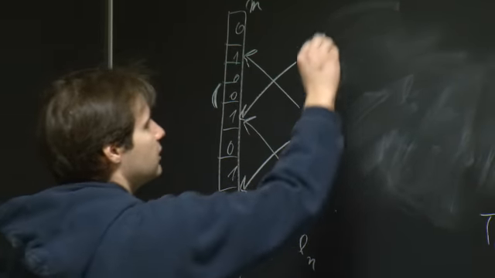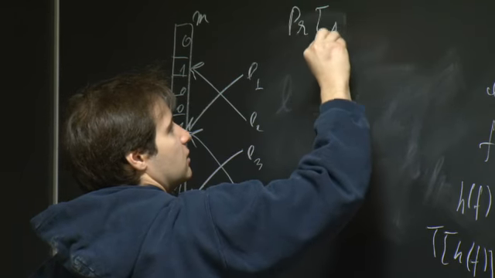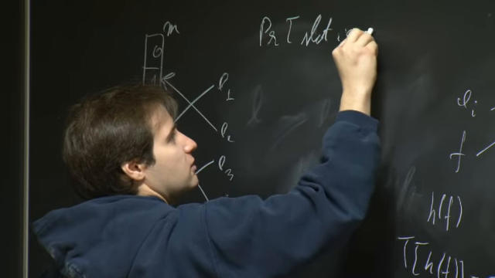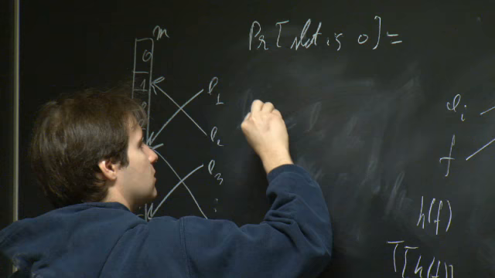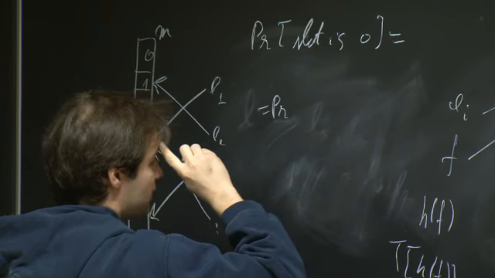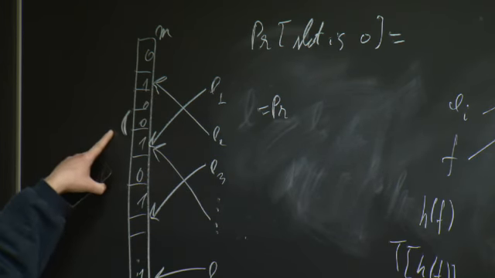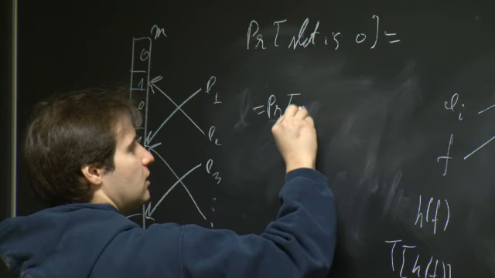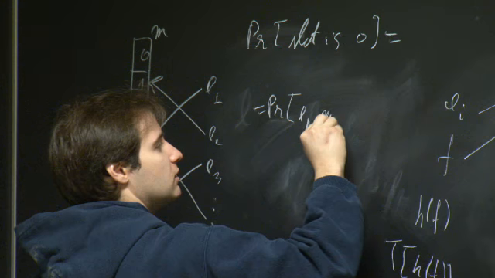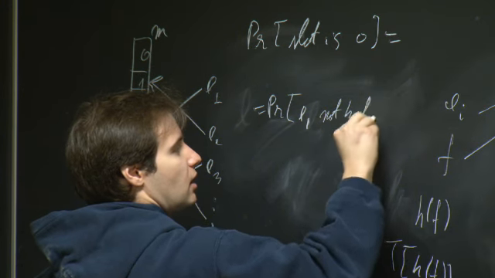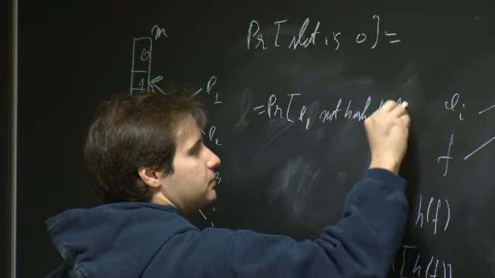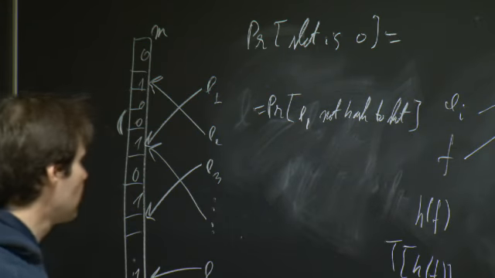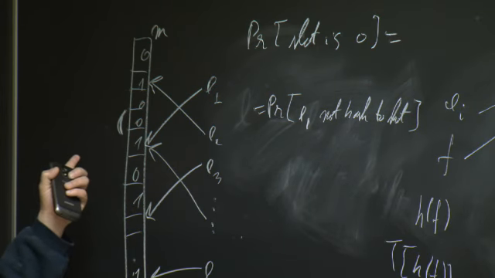So the probability that the slot is a 0 is the probability that the first number didn't map to it, right? Otherwise, it would be a 1. E1 didn't hash to that slot. E2 also couldn't map to that slot, right?